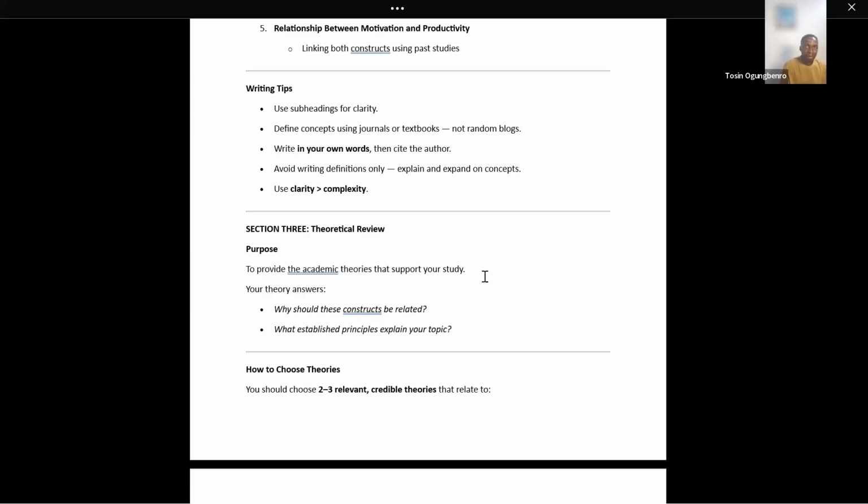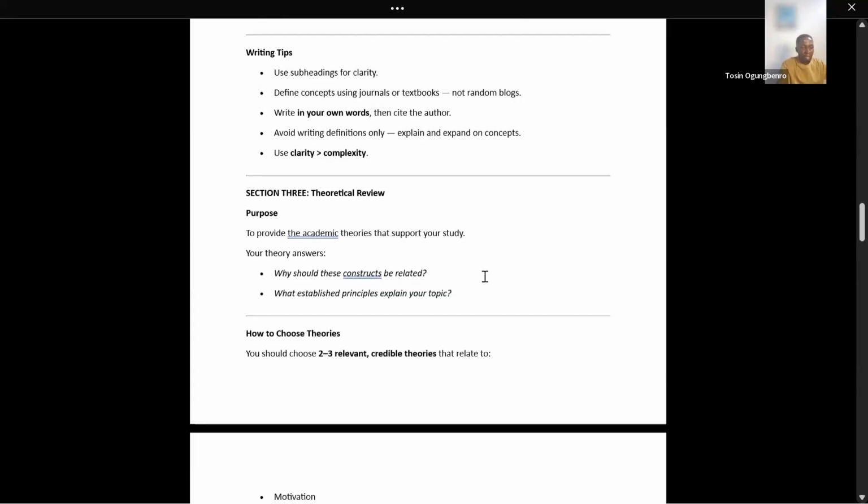We have the theory of motivation by Abraham Maslow, we have the theory of reasoned action, a lot of theories. So you find theories that are relevant to your study and you adopt them.